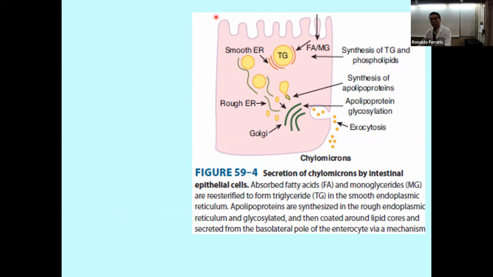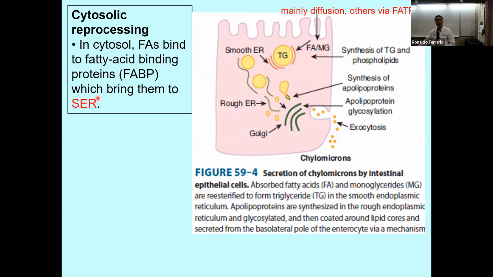Okay, so this is your intestinal cell. We now have your fatty acids and 2 monoglycerides in the cytosol. Again, they have a problem because the cytosol is, of course, hydrophilic, and they are hydrophobic. So immediately after absorption, they're incorporated in the smooth endoplasmic reticulum depicted here.